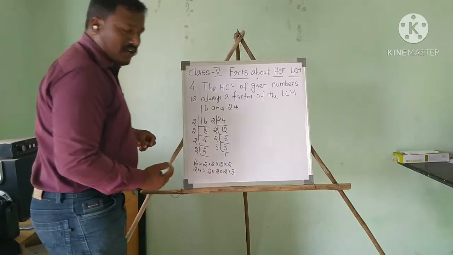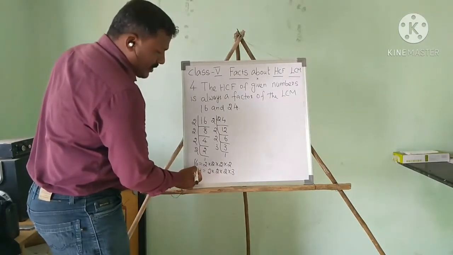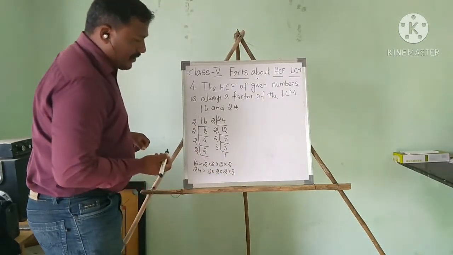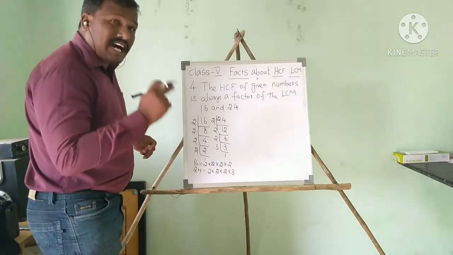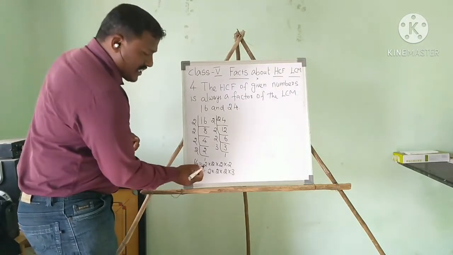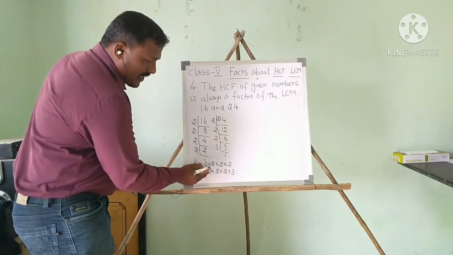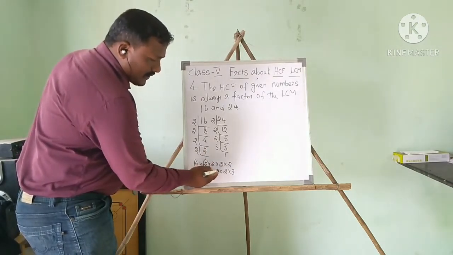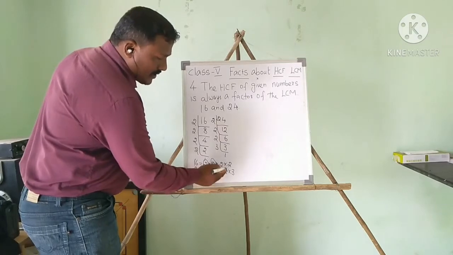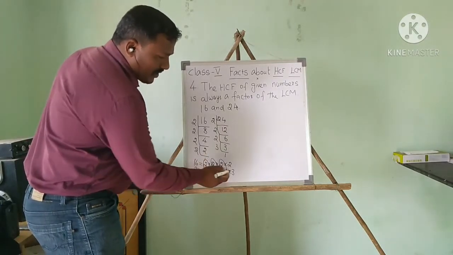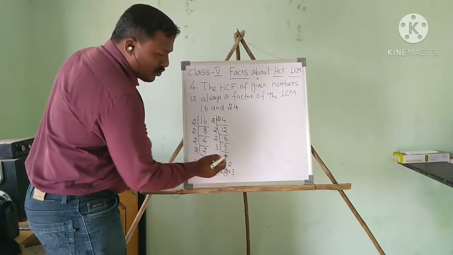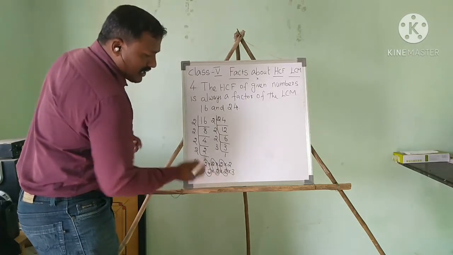So these all are factors of 16 and 24. Now we want to first find out the common factors, the factors which are common. Here 2 common, here 2 common, here 2 common, here 3 only once. So these are the common factors.